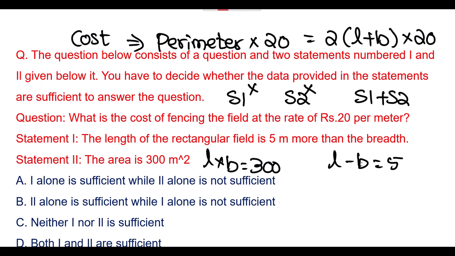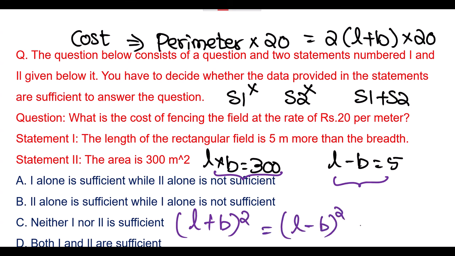Yeah, together it's okay. When you know L minus B, L into B, you can calculate L plus B. How, sir? L plus B whole square is nothing but L minus B whole square plus 4LB. This will give L plus B value. L minus B available, L into B available.